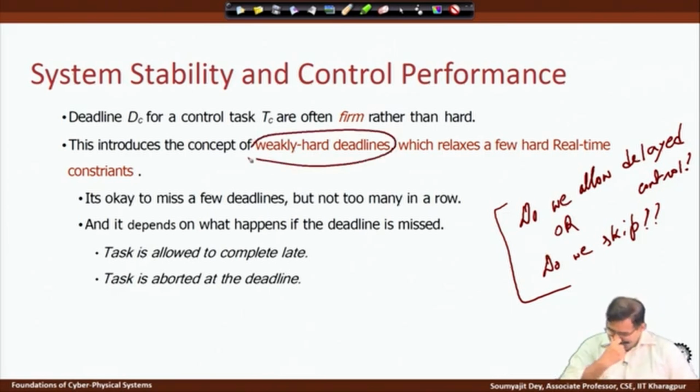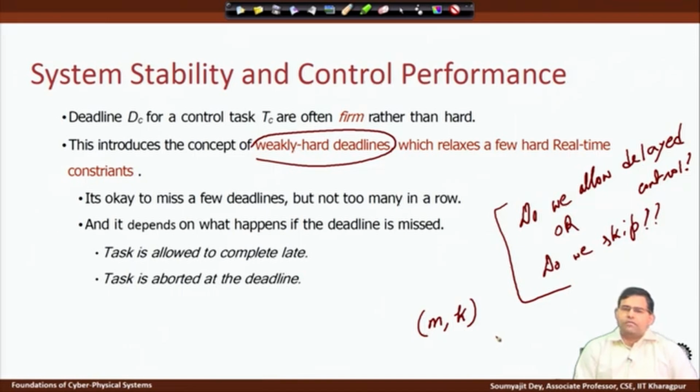This is a popular way of implementing real time controllers nowadays. People show that for the control loop, as long as out of every k consecutive actuations you achieve the actuation in m of the instances, you can theoretically prove that this control loop is fine.